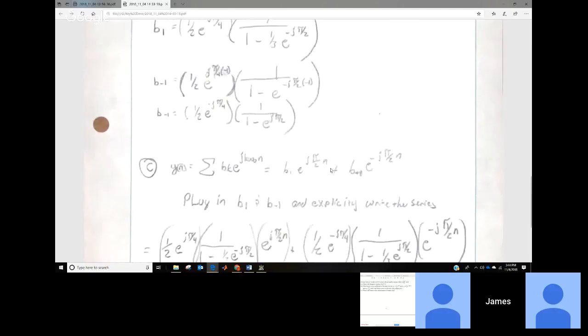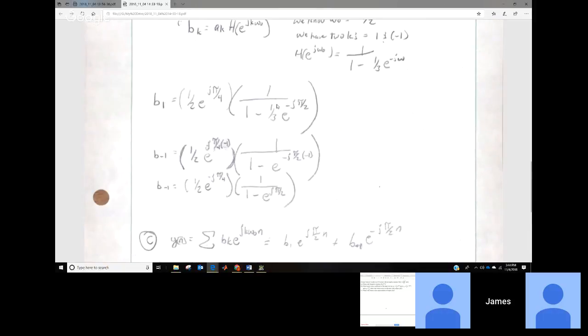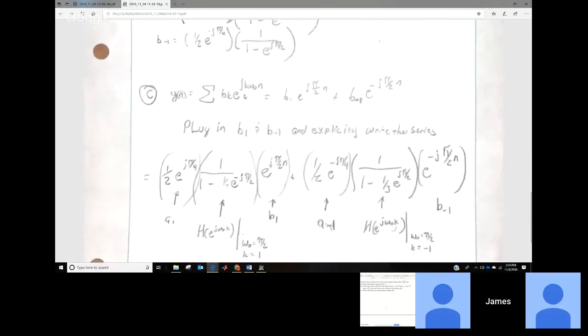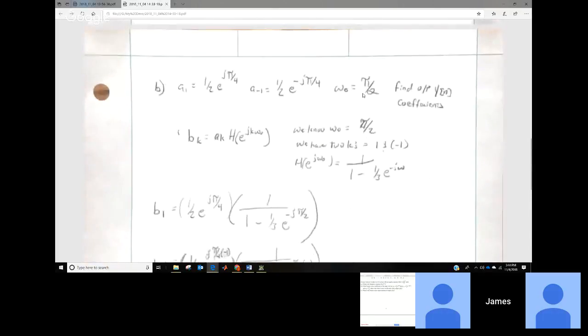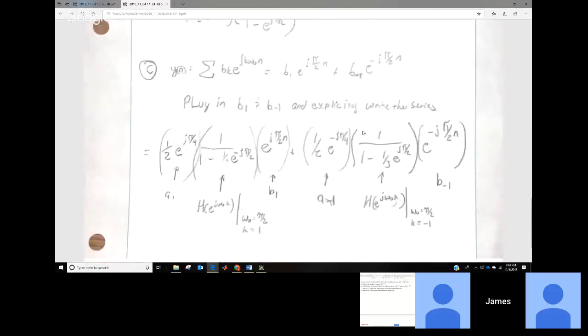Actually B1 is this horrible looking coefficient, and B negative 1 is the other horrible looking coefficient. Times, we know omega naught, or omega, is pi divided by 2 from above, where I got lost and missed it for a minute, but that's where that comes from.